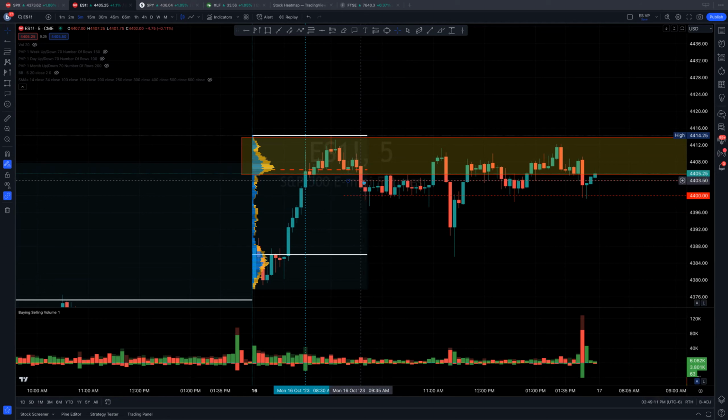Why? And I've told you guys this before. If we see chop on a move down, if we see some wicks forming on a move down, that's potential loss of momentum.